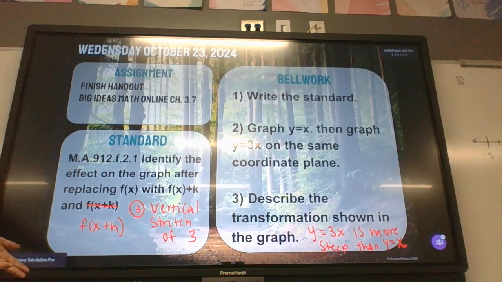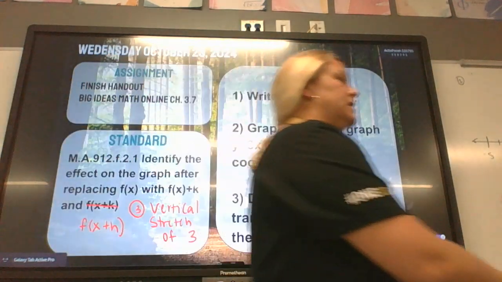When you're done, hopefully you understand what I mean by more steep. Please get out the handout from yesterday. We're going to look at some more of these.